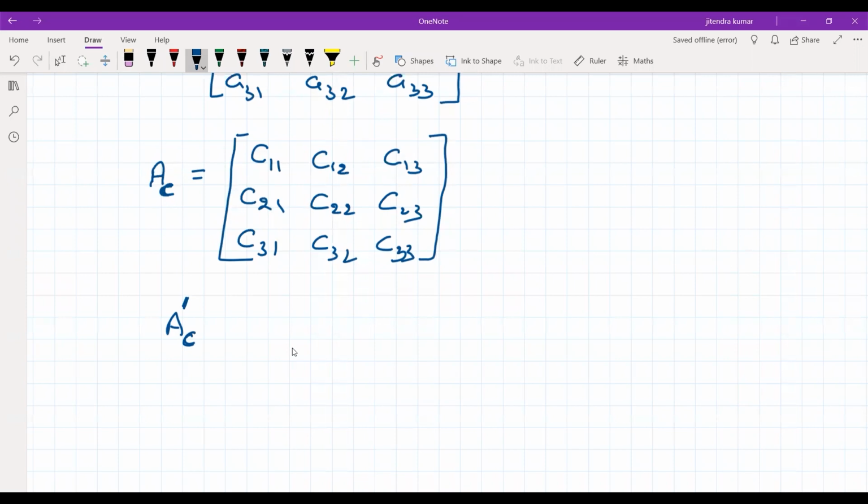Let's represent it by dash only. So this will be equal to C11, C12, C13, then C21, C22.